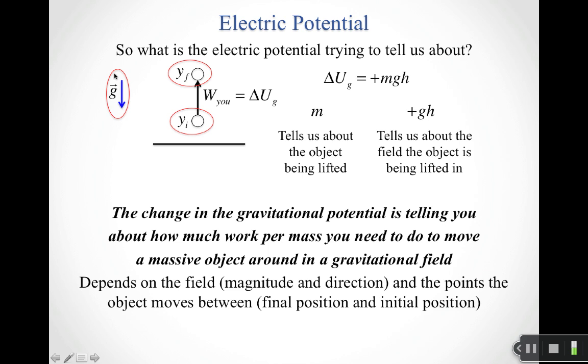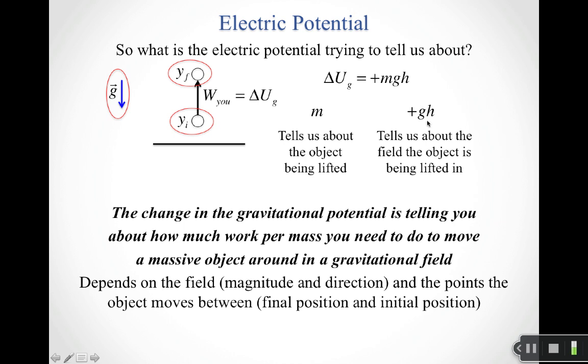One of them is it depends on the field itself, right? So what's the magnitude and direction of the gravitational field you're choosing to move around in? It also depends on the points the object moves between. So initially the object was here, at the end the object was there.